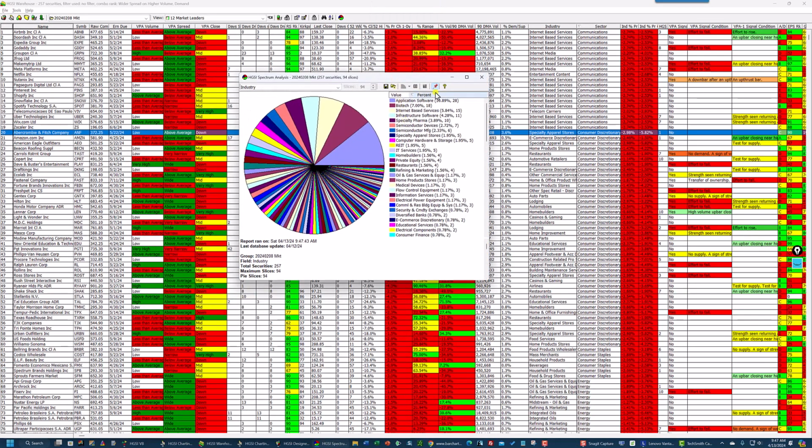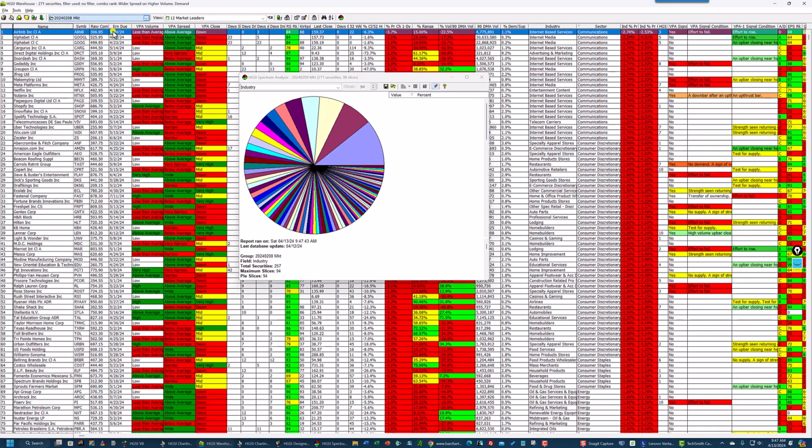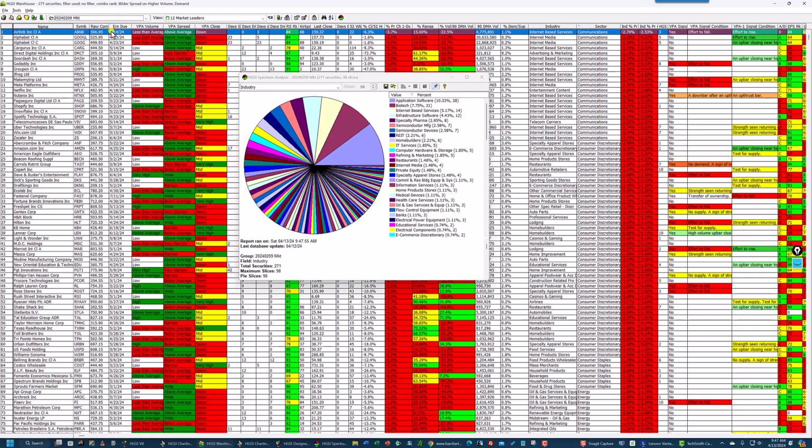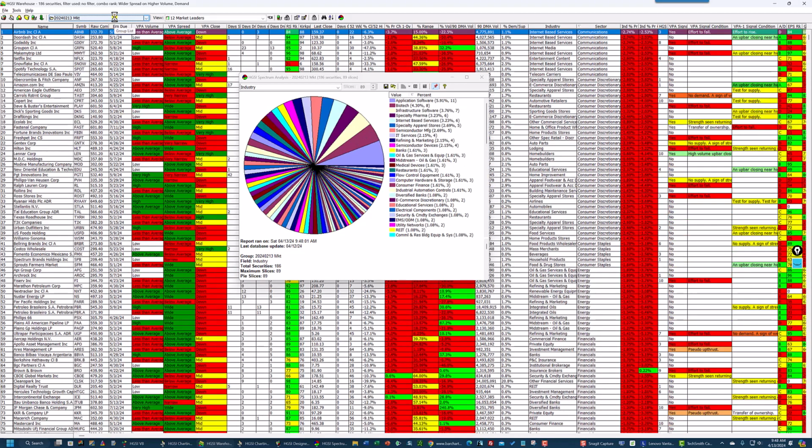you can see that on this date, the 8th of February, this is the way the market looked. And it didn't change much day to day. As I go down, notice the dates are changing here.